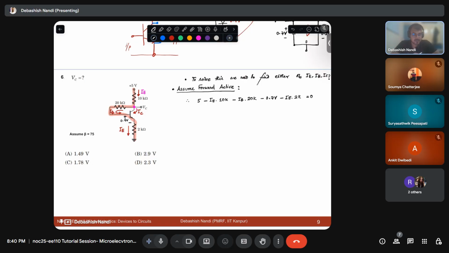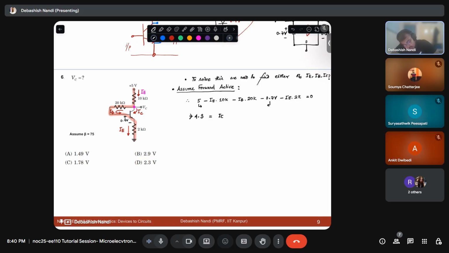Is this KVL okay? So this 5 and 0.7 will give me 4.3 and other I can take outside.